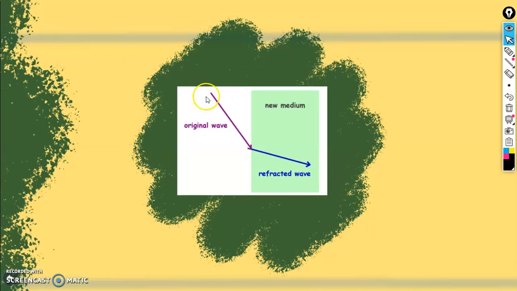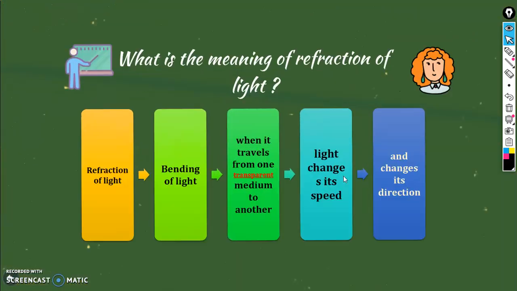The same thing here. This is the light ray. It changes the medium. Here it travels, let's say, through the air, then it changes the medium to the water. So we have a refracted ray or a refracted wave of light because the speed has been changed and the direction of the light ray has been changed.